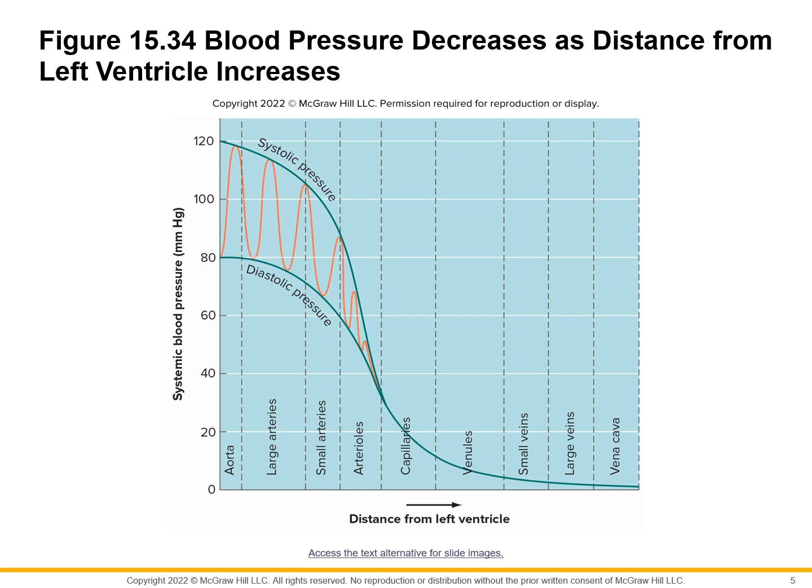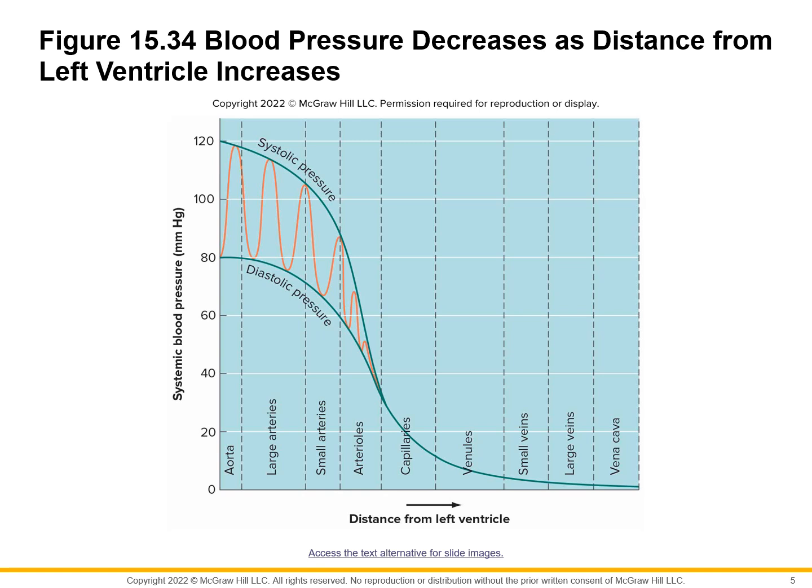Okay, so the highest pressure is found in the aorta. It is very similar to the pressure in the ventricles, which is 120 over 80, and still high in the large arteries, and it starts to drop in the arterioles and capillaries.